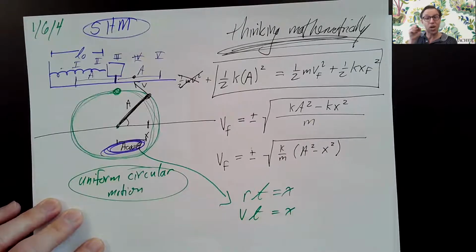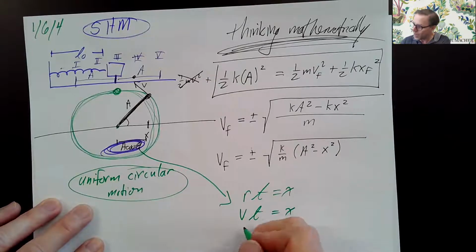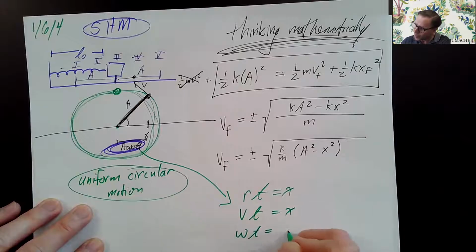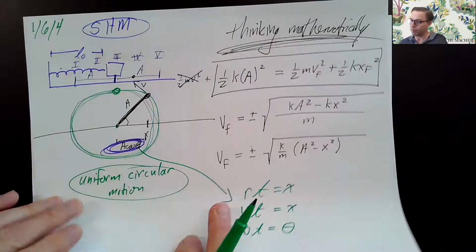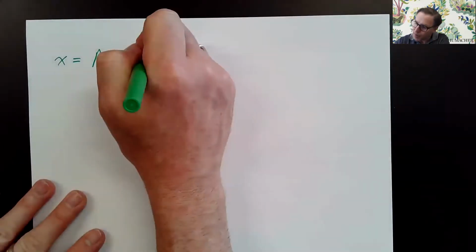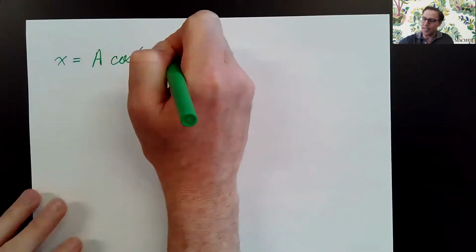We can also talk about rate times time equals distance in terms of rotational motion. So I can write rotational velocity times time equals rotational displacement. So instead of theta here, I can write omega t. And that's exactly what I'm going to do. I'm going to write omega t right there.